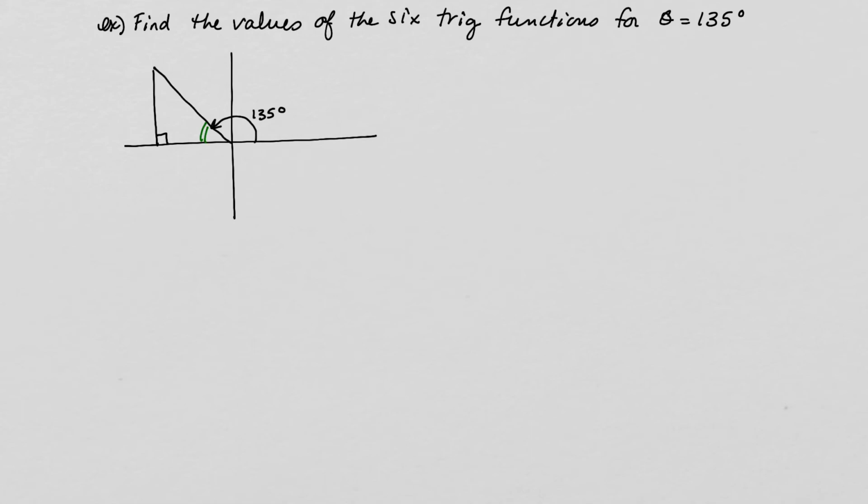So how could I figure out what that is? Right, so 180 degrees minus 135 degrees gives me 45 degrees. So in here we have 45 degrees.